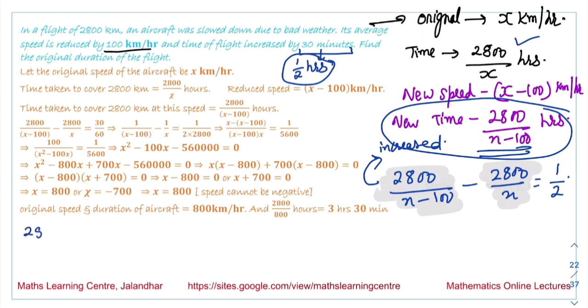So we can take 2800 common, and we are left with (x minus x plus 100) over x into x minus 100 is equal to 1 by 2.